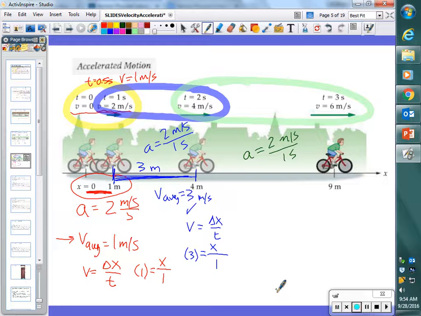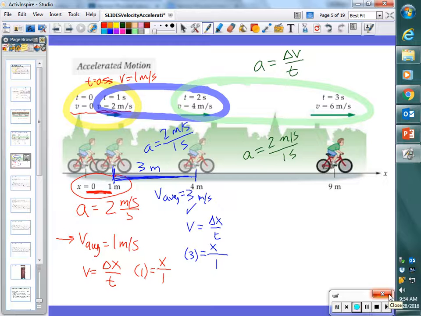Good there? So acceleration tells us how much the velocity changes per time. Just this section that I circled in green, the velocity goes from 4 to 6.